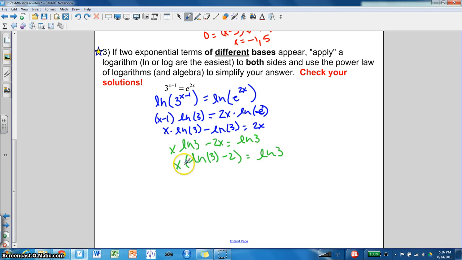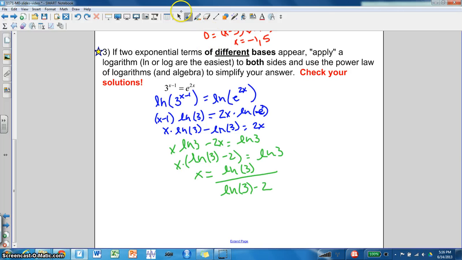And then lastly, I have multiplication here, do division to get x alone, and I get x is equal to natural log of 3 divided by natural log of 3 minus 2. Okay, and then essentially this is all we have to do.